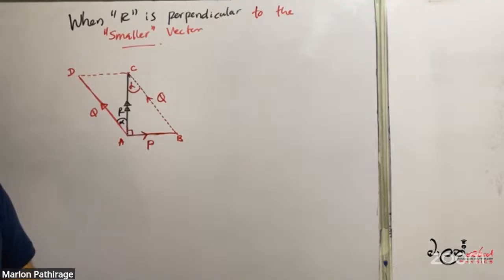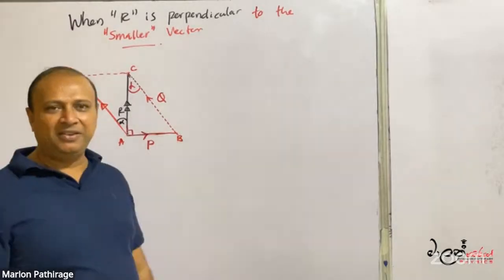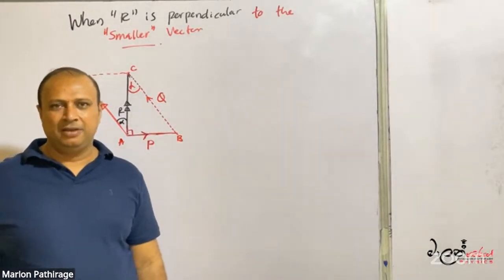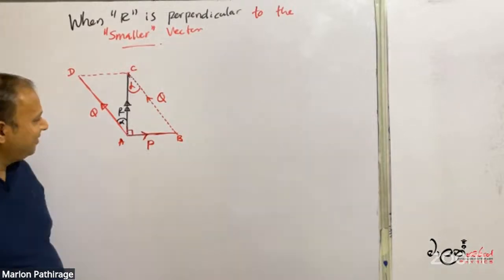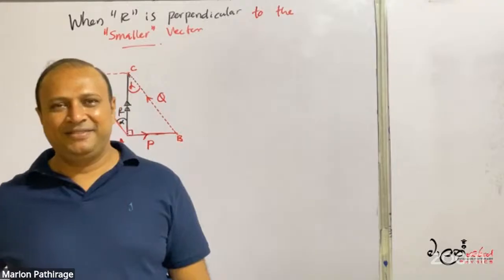Now you know how to determine R, because you have enough knowledge. Now it is a right angle triangle, so you can easily determine that.